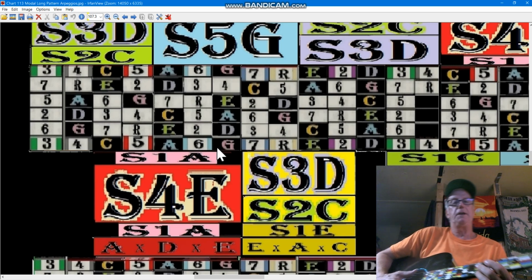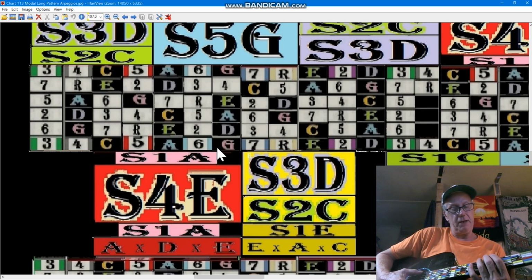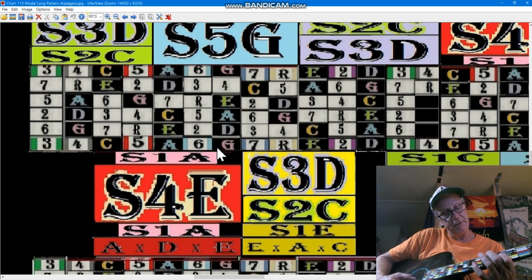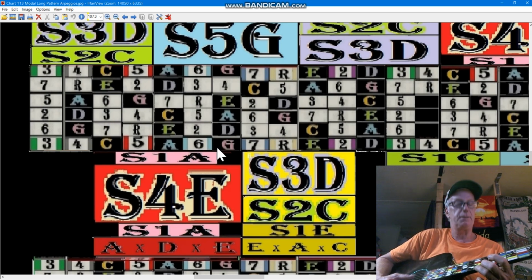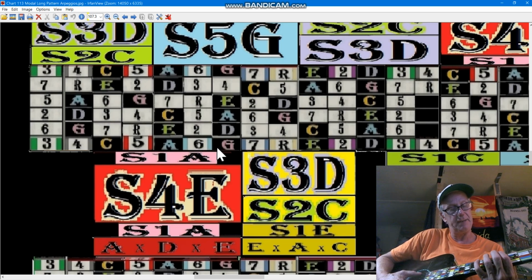Now, if you wanted to play that without knowing, you've got to play this G minor shaped A minor. Just play the C pentatonic scale at that point.